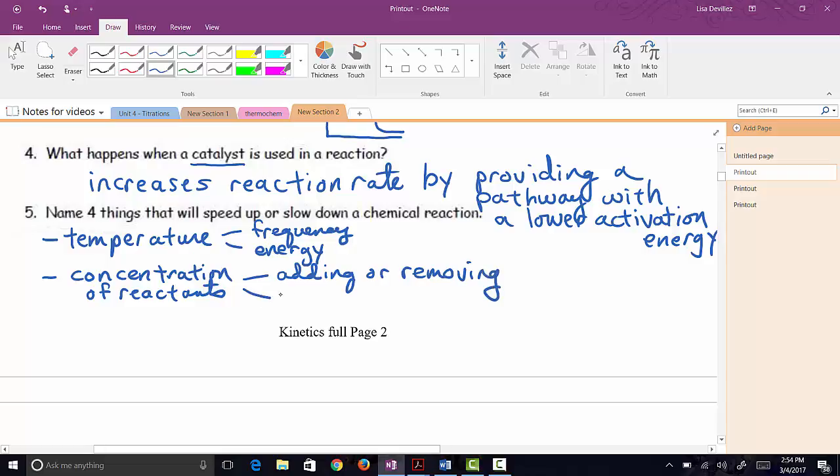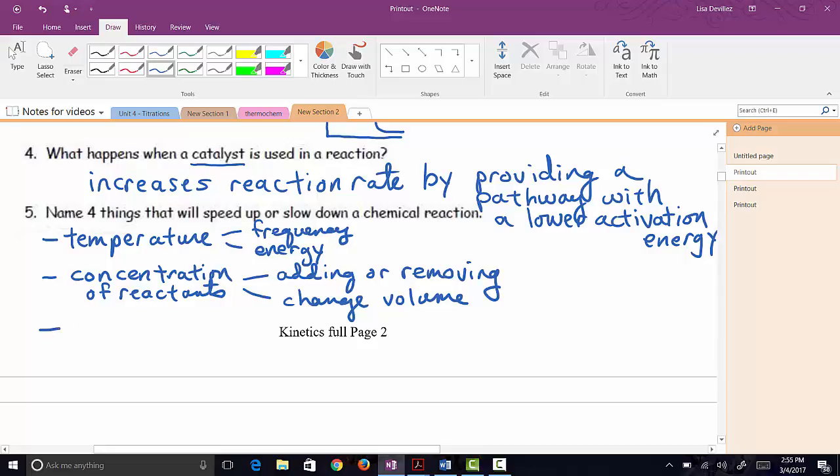Or the other thing that we can do to change the concentration is we can change our volume. If it's gases or if it's, say, a solution, we might change the amount of solute. So that can also change the frequency of the collisions.